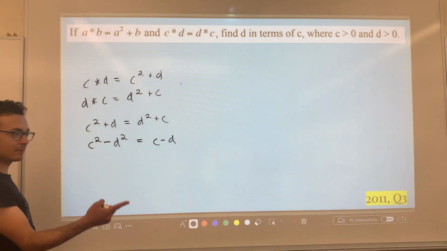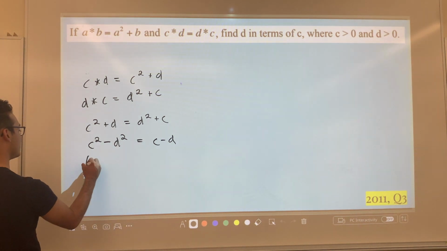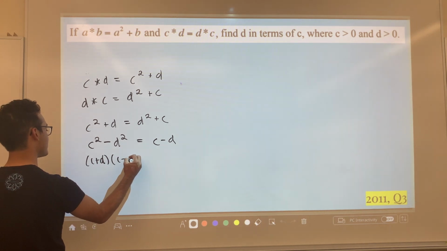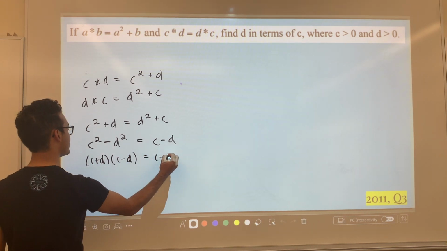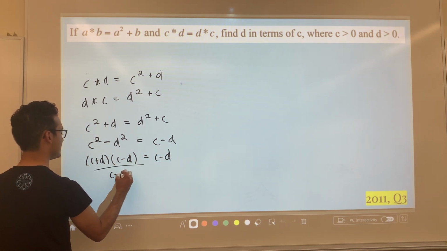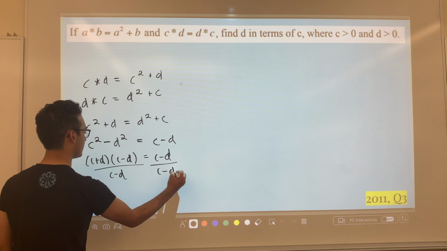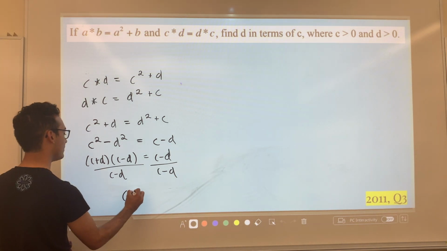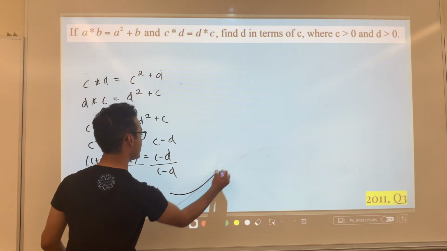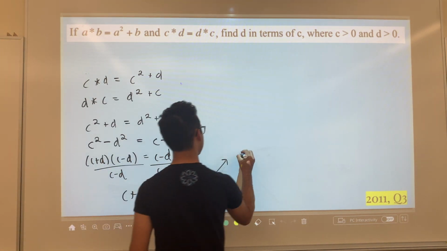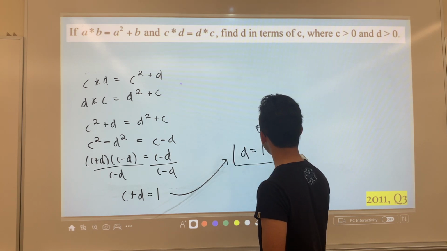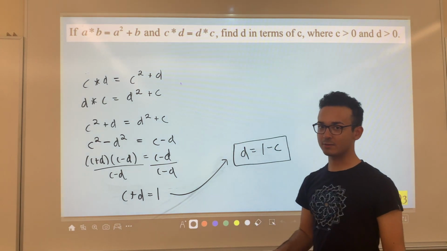Now, because this is the difference of 2 squares, we can factor it to c plus d times c minus d is equal to c minus d. And if we divide both sides by c minus d, we get c plus d is equal to 1. Or, expressing d in terms of c, we find that d is equal to 1 minus c. And that is our final answer.